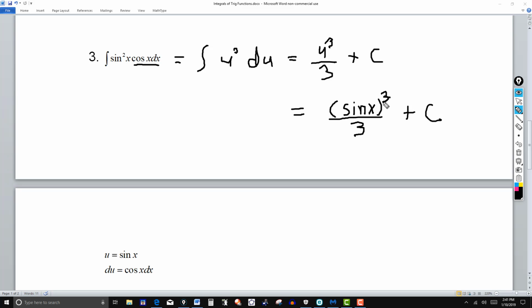Again, I want to point out to you that if you have sine x or any trig function, whatever, with some power, let's say in this case it's cubed, this would be the same thing as putting the cube here on the sine, but that does not equal sine x and put the cube there.